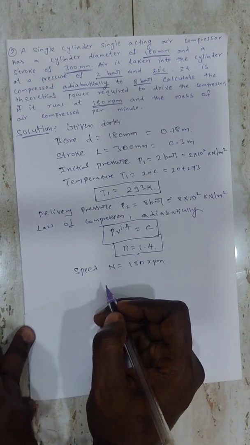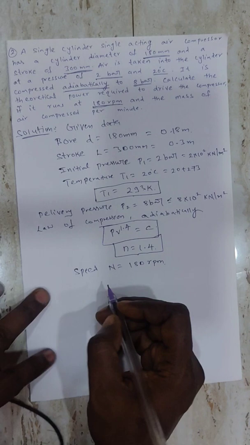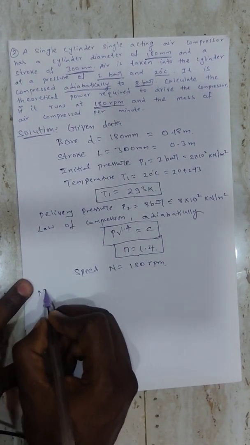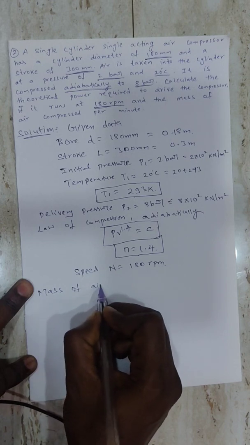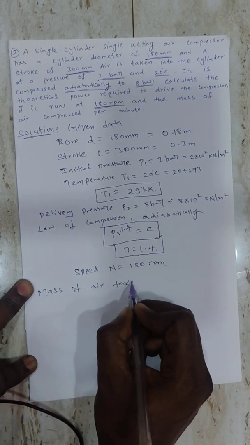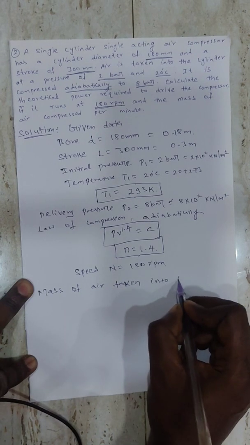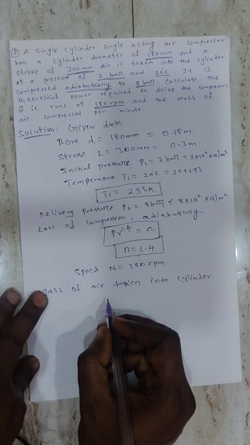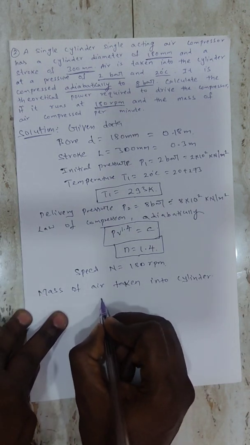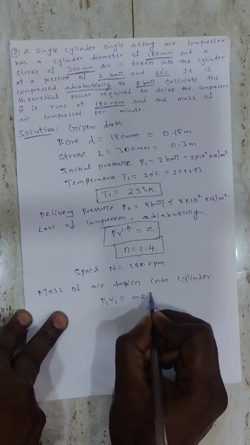First we will find out the mass of air taken into the cylinder. We know that P1 V1 is equal to MR T1.